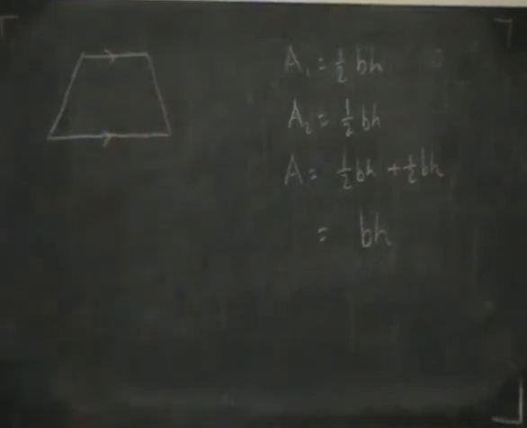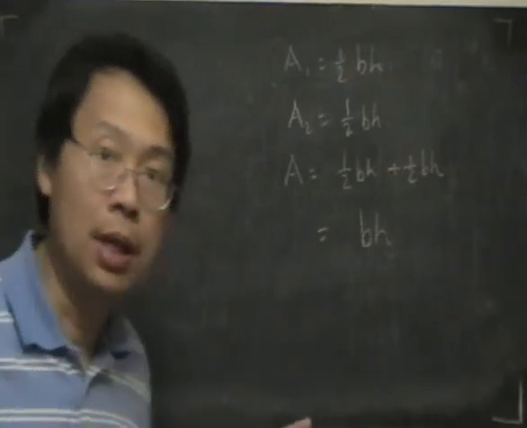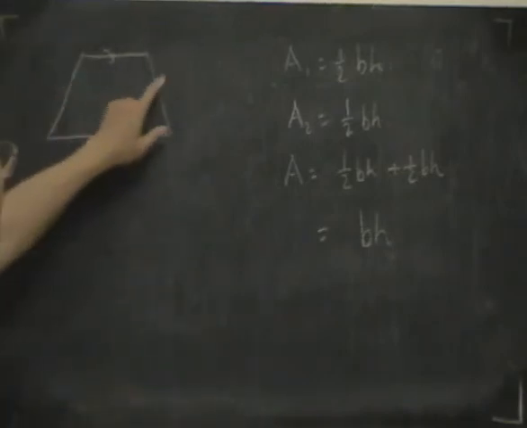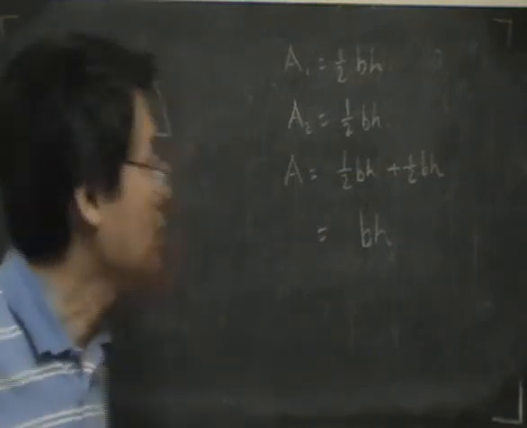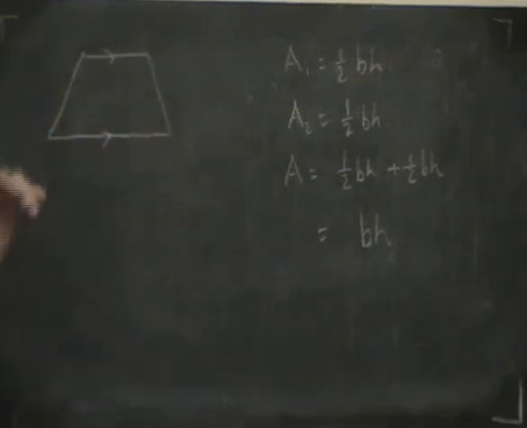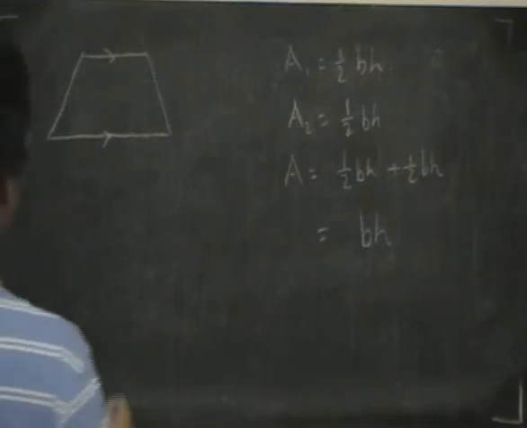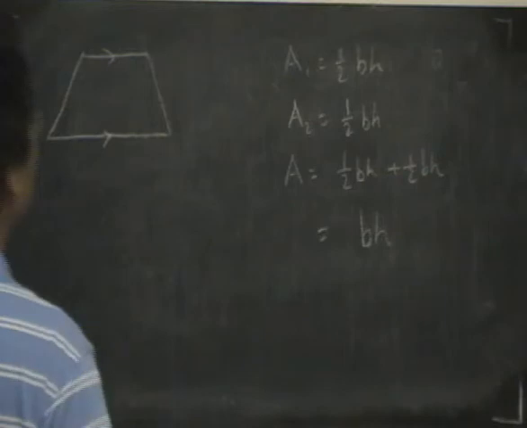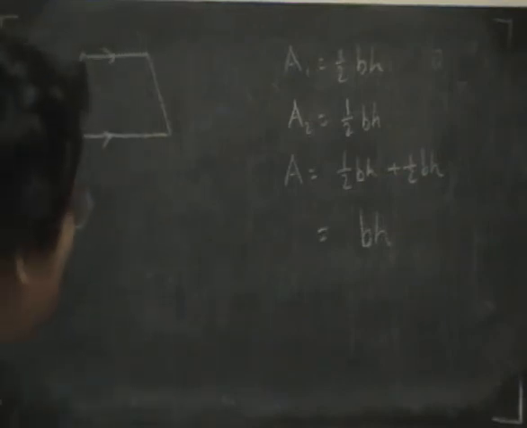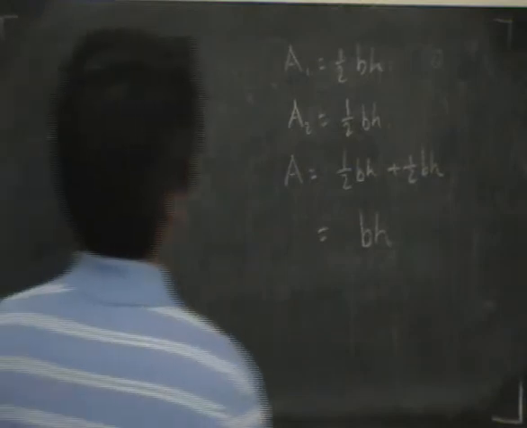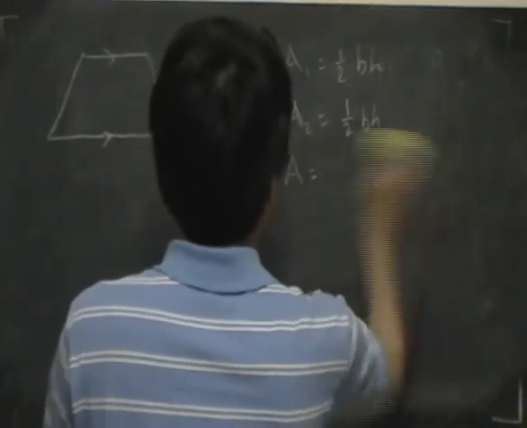It has two sides parallel, but the other two sides do not have to be parallel. That's a trapezium, and we want to find the area. Now, as it turns out, the formula is slightly more tricky.